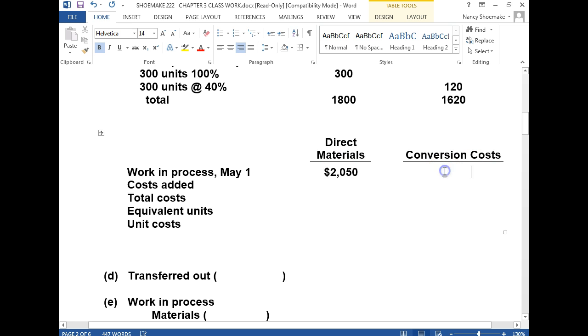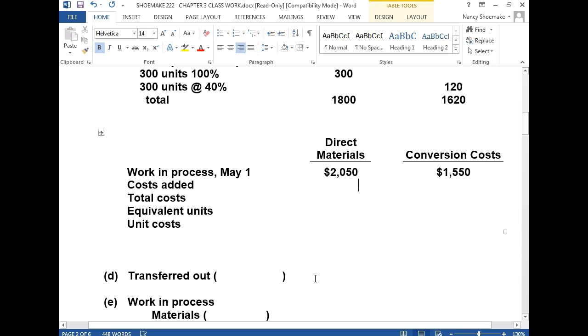How many dollars worth of conversion costs? $1,550. What costs were added? We started with 2,040. What did we add to it?